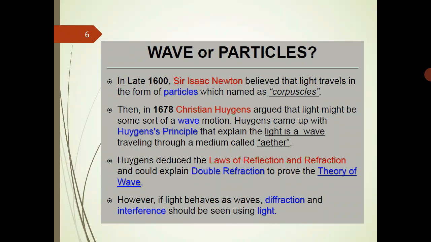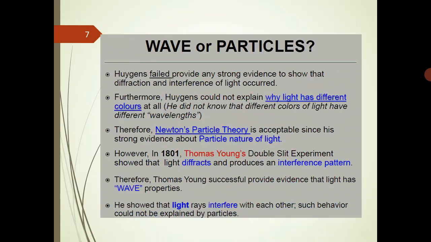Huygens deduced the law of reflection and refraction, and he proved that light has a wave theory. Later on, Huygens failed to provide strong evidence about the light nature. Later on, Newton tried to prove light as a wave.